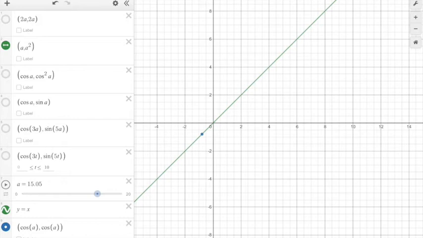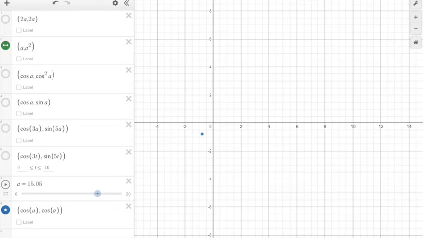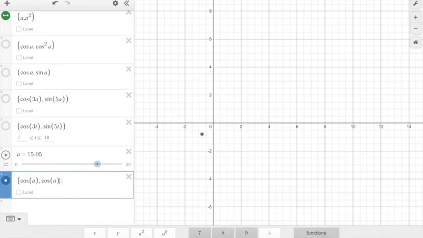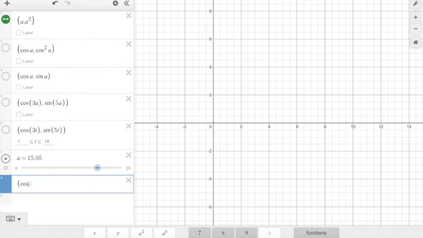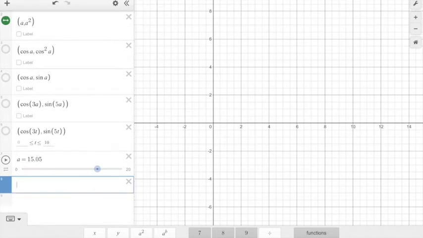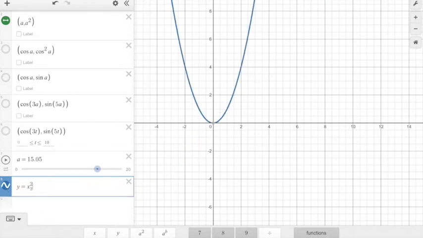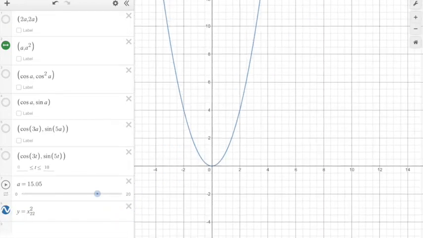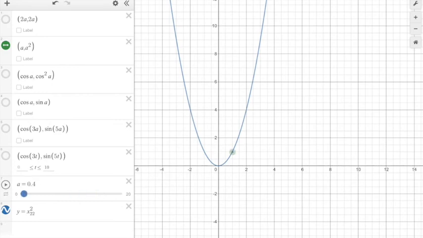Now let's check another one. Look at the green. The green we have here is going to be a and a squared. That means your y is basically x squared. So that is going to give you a trajectory. Oh my god. Okay, y equals x squared. It's going to give you a trajectory like this.